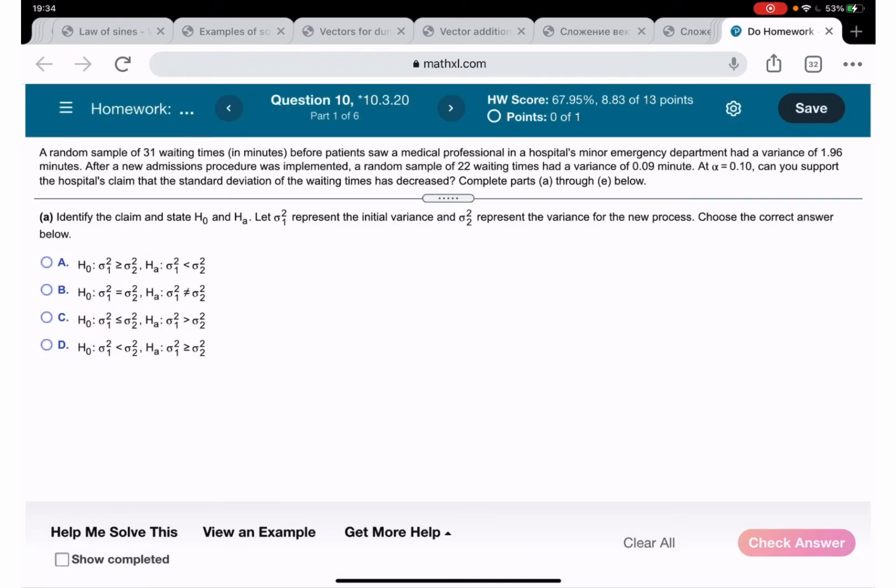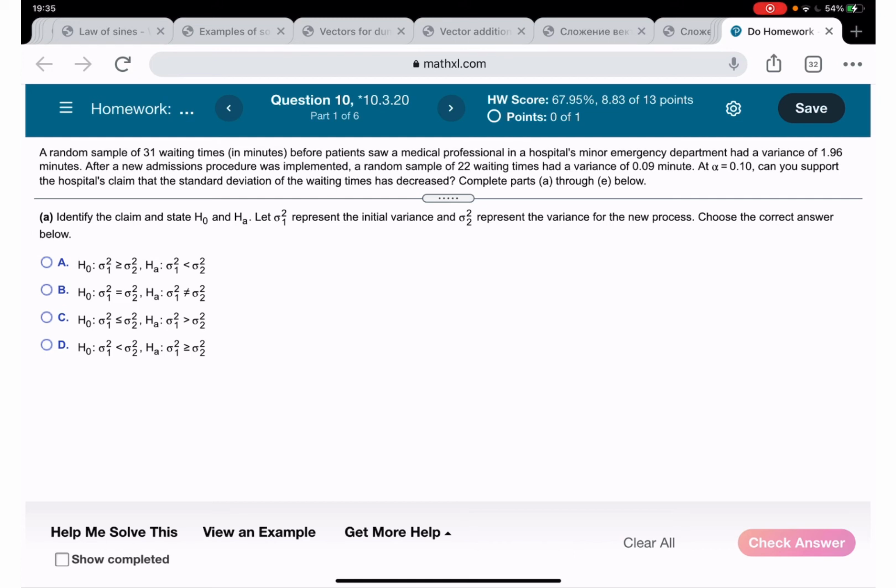Question number 10. What do we have in this case? A similar problem, by the way. A random sample of 31 waiting times in minutes before a patient saw a medical professional in a hospital's minor emergency department had a variance of 1.96 minutes.